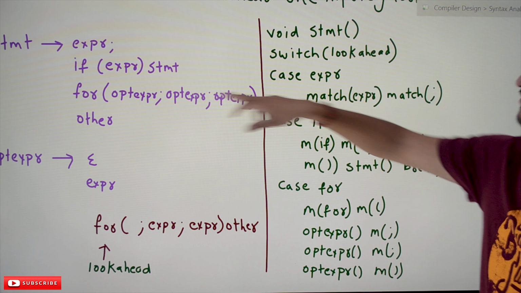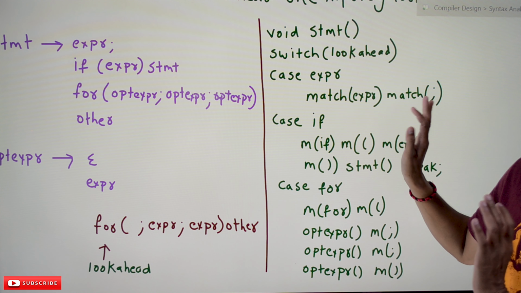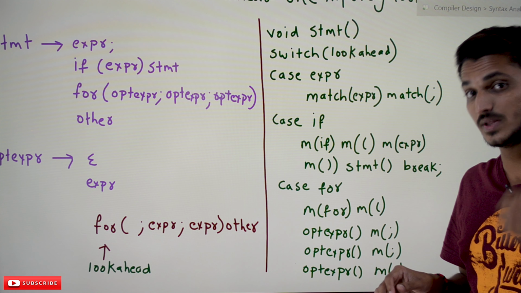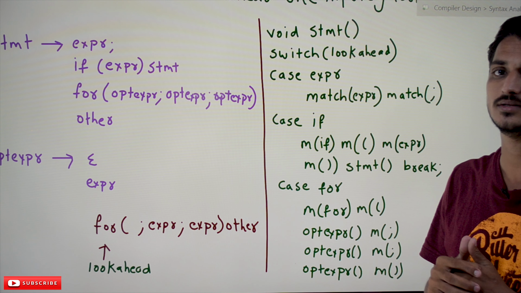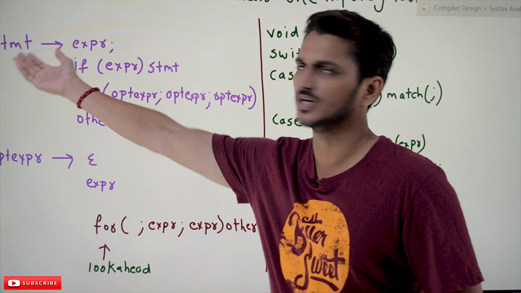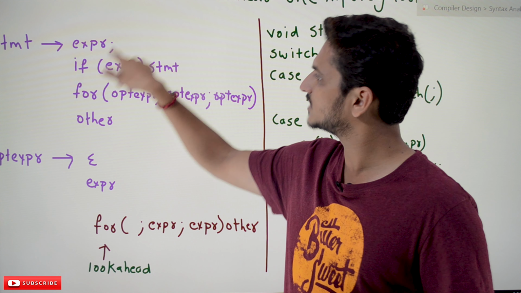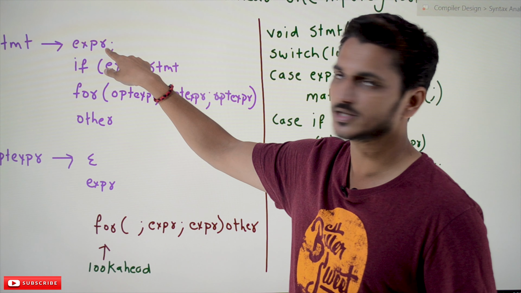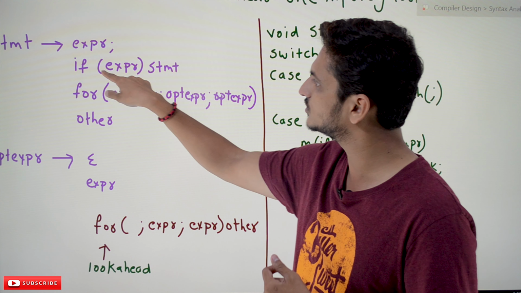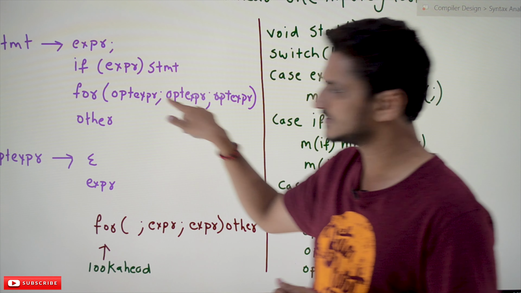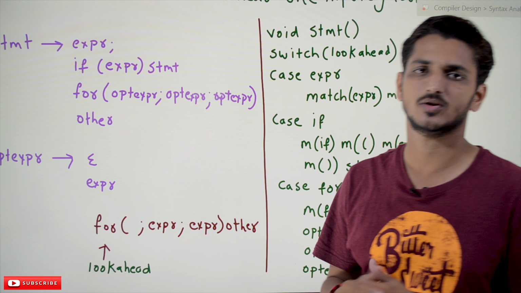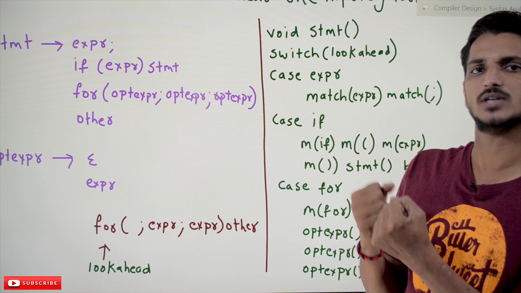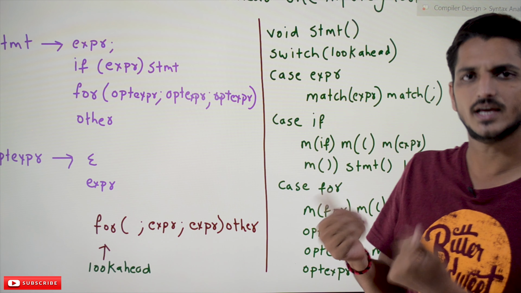Void statement. For statement we are writing a function. What we wrote in our previous class, the recursive descent parsing class, was to take the first production of statement. There are 4 productions. Statement tends to expression is one production, statement tends to if is another production, for is another production, other is another production. Take the first production. If it is matching, take it.